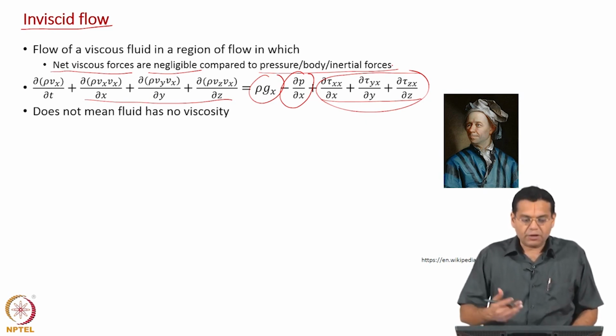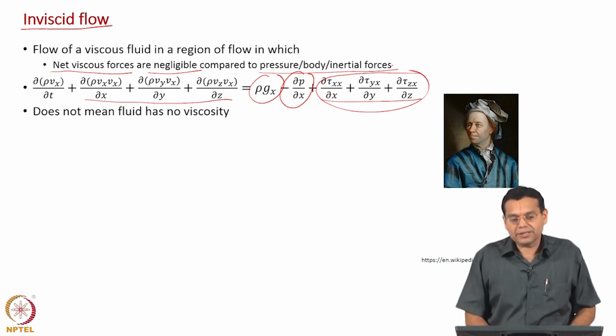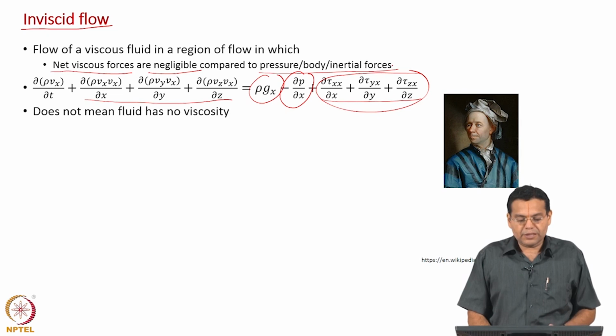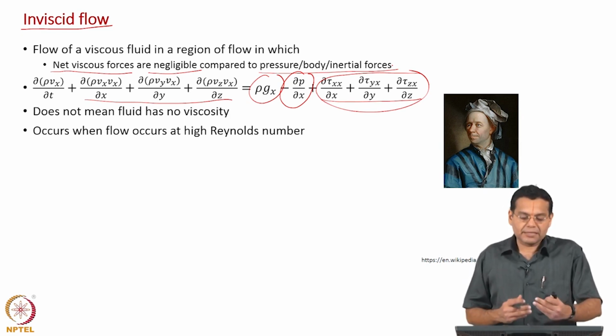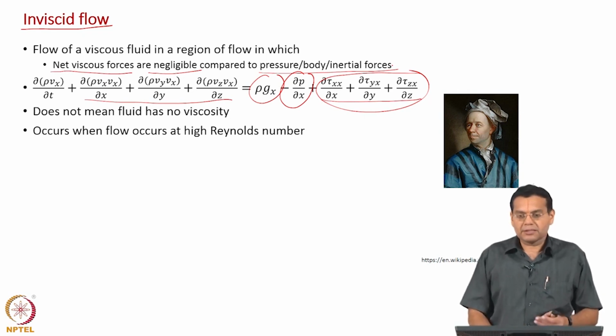Now, what is the relationship between this inviscid flow and the classification of flow in terms of flow regimes? Okay. Now, this inviscid flow occurs when the Reynolds number is high. That is why we discussed about flow regimes. We classified flow regimes based on Reynolds number.